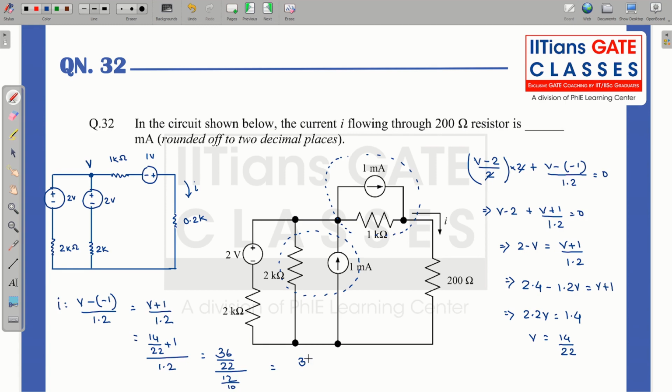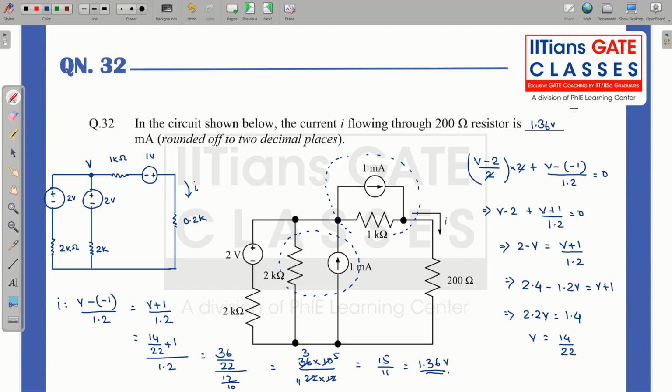So this will be 36 into 10 divided by 22 into 12. So this is 15 by 11, so approximately 1.36. Okay, approximately your answer for this question will be 1.36 volt.